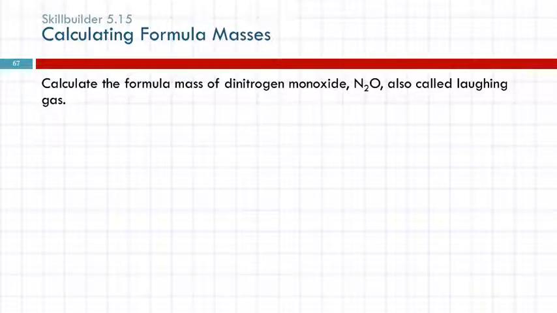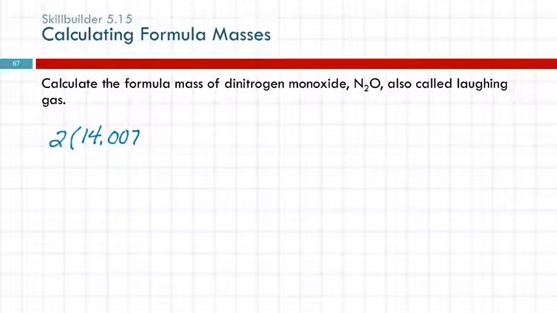So calculate the formula mass of dinitrogen monoxide, N2O. So we've got 2 nitrogens and 1 oxygen. So we're going to take 2 times the atomic mass of nitrogen. What's the average atomic mass of a nitrogen atom? 14.007.